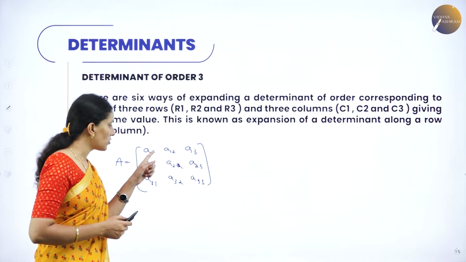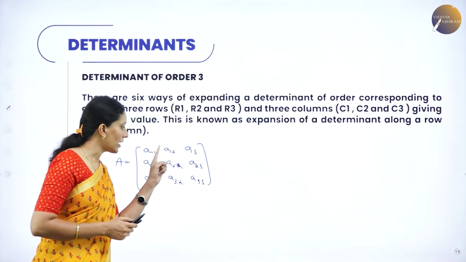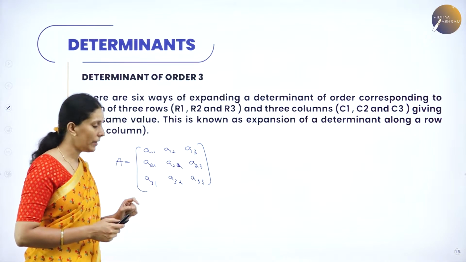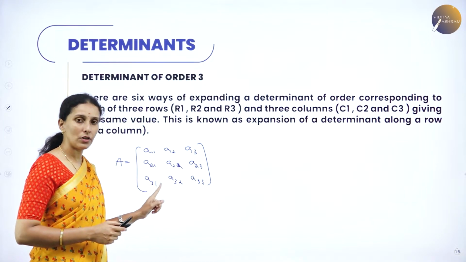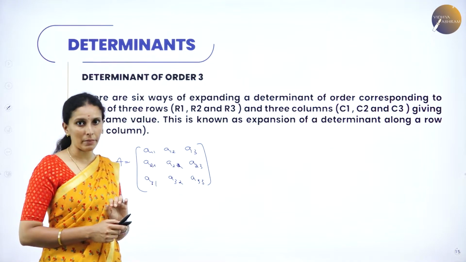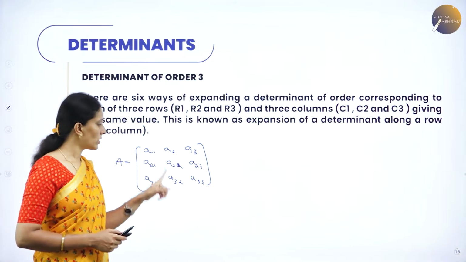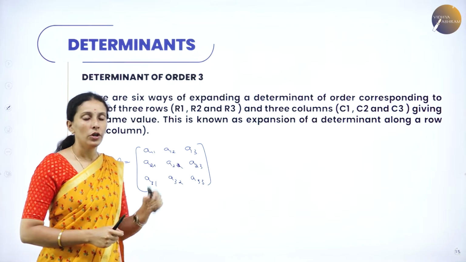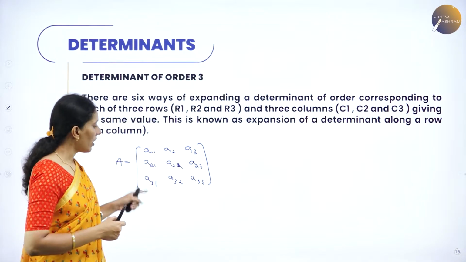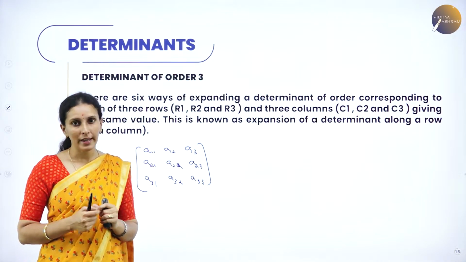That is first row, first column element, first row, second column, first row, third column element. Similarly, second row, first column, second row, second column, and so on up to third row, third column element. That is, we have 3 rows and 3 columns. So we can take any row or any column elements for the expansion.